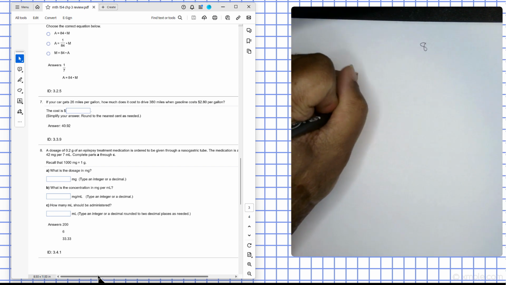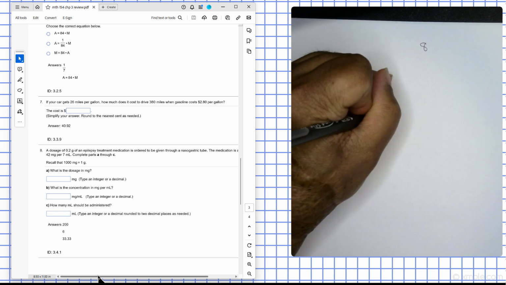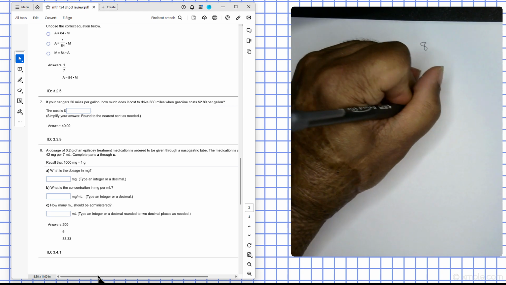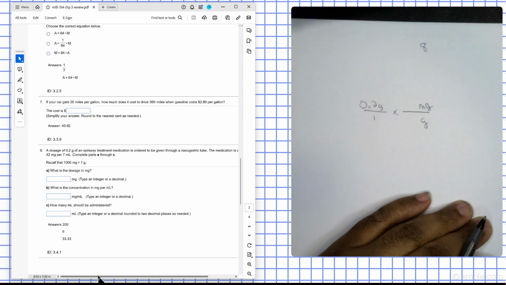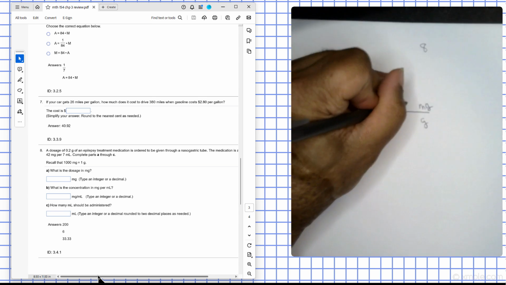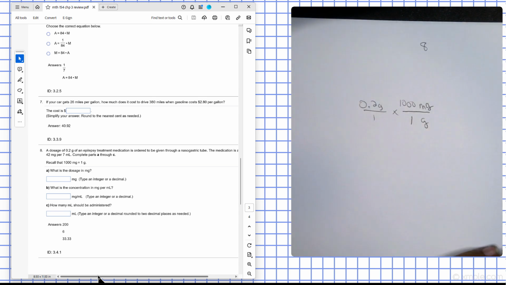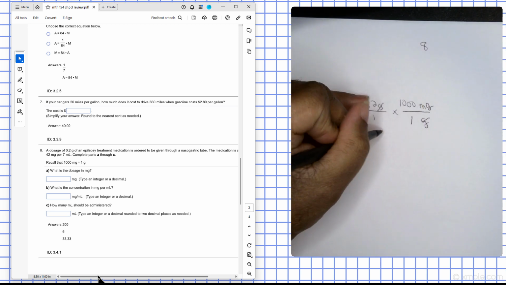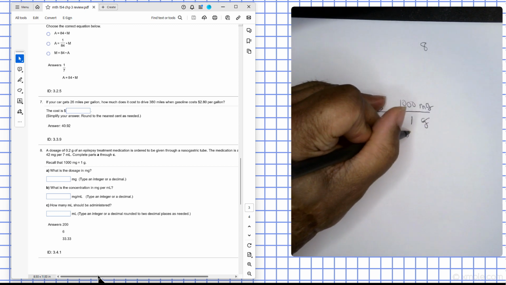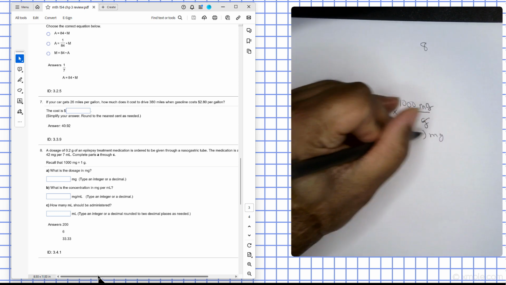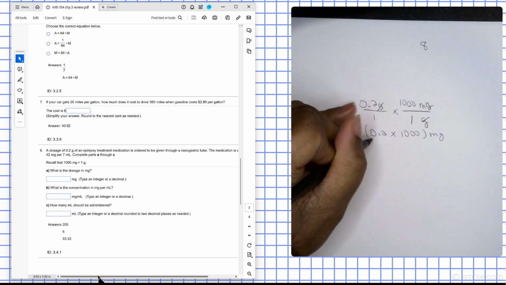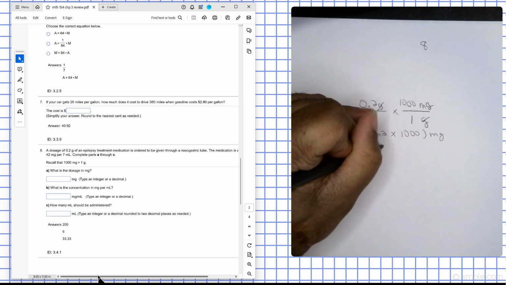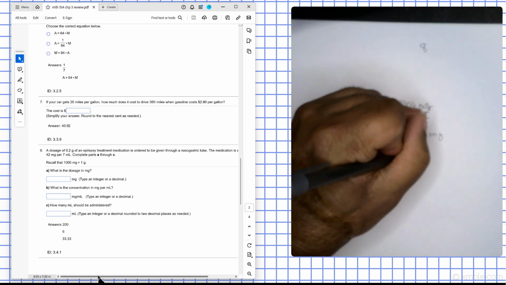We have 0.2 grams. We want to get rid of grams and replace it with milligrams. And they tell us that 1,000 milligrams is equal to 1 gram. So when I multiply, grams cancel out, and I'm left with just milligrams, 0.2 times 1,000 milligrams. For part A, 0.2 times 1,000 is going to be 200 milligrams. And that's our answer for part A.